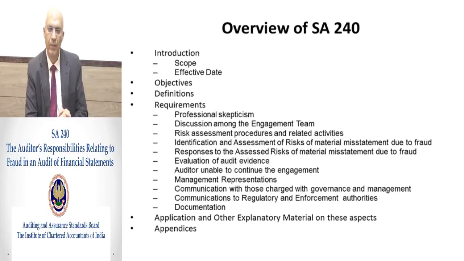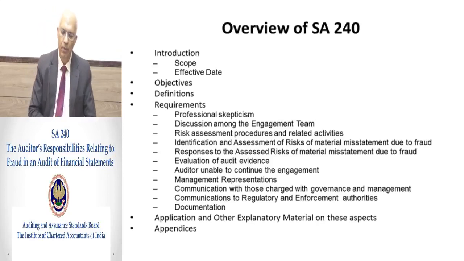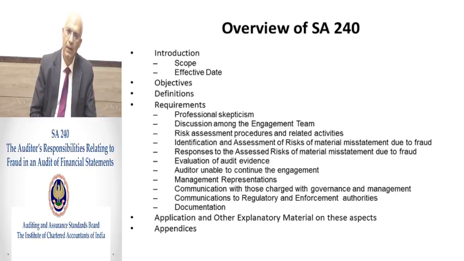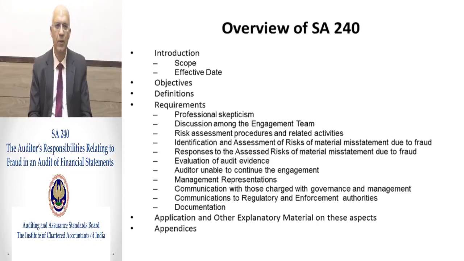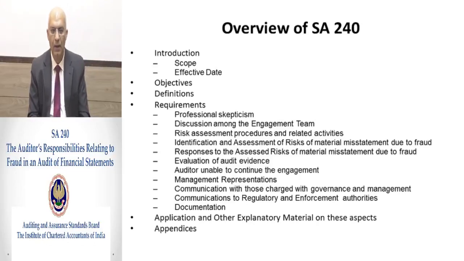From the requirements section, we'll talk about professional skepticism, discussion amongst the engagement team, risk assessment procedures, identification and assessment of risk, responses to assessed risk, evaluation of audit evidence, when the auditor is unable to continue the engagement, management representations, communication with those charged with governance and management, and communication to regulatory and enforcement authorities.